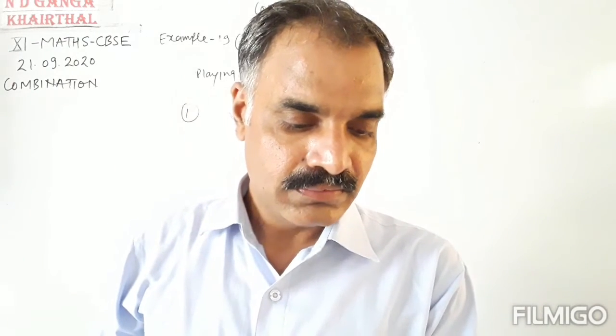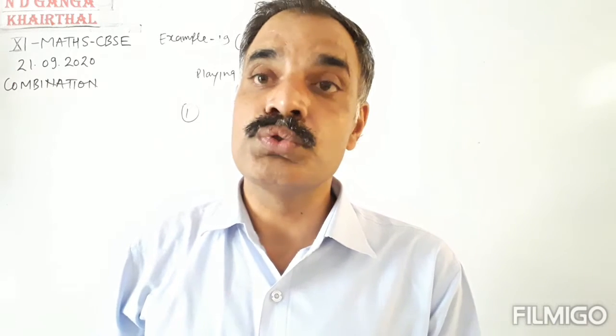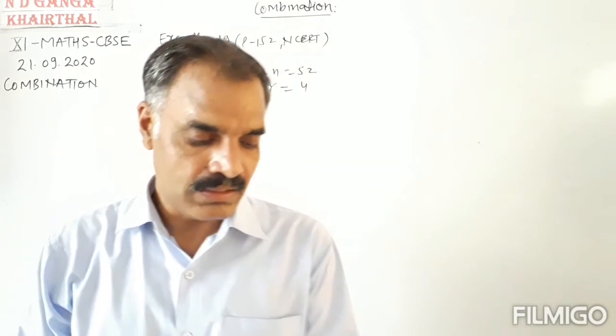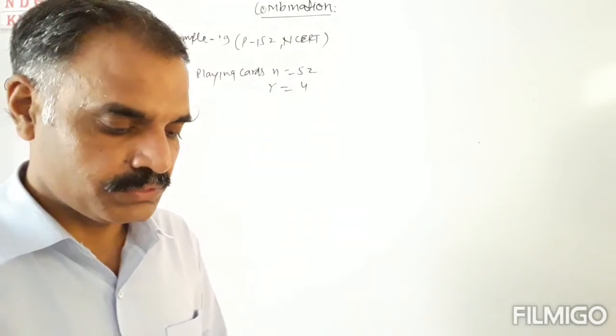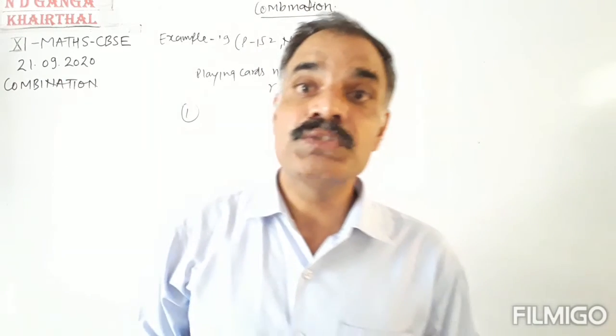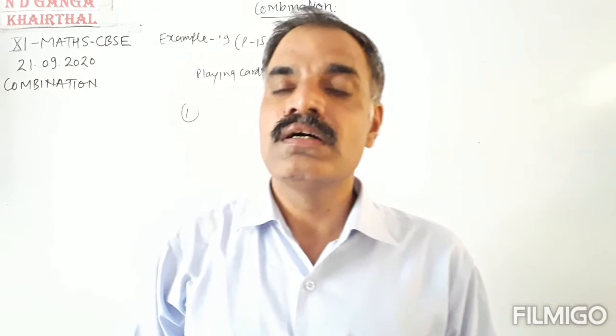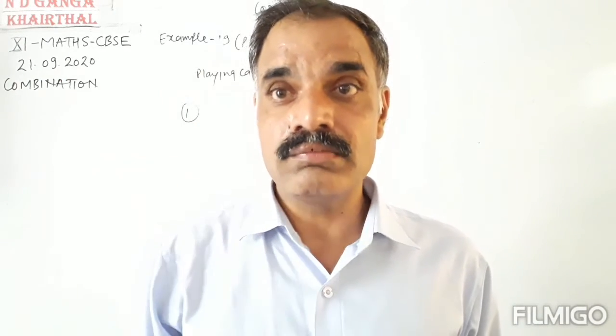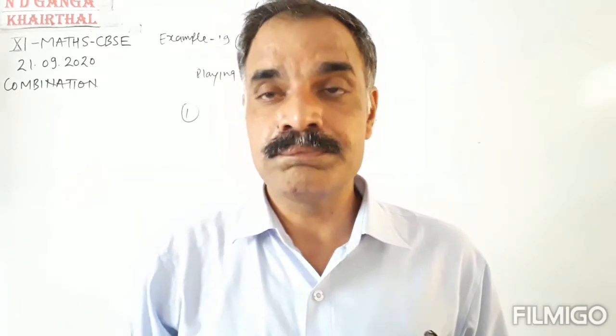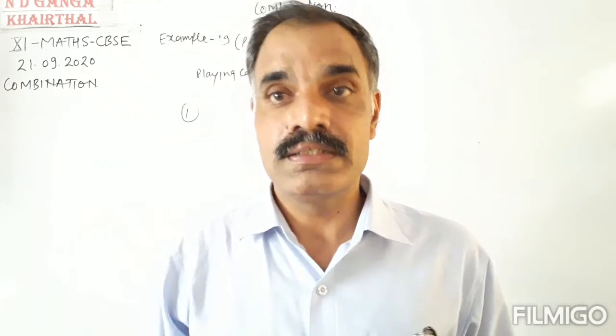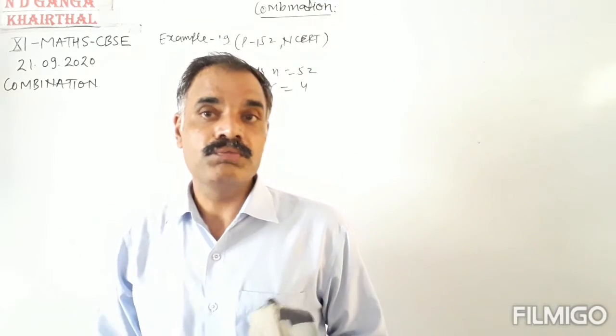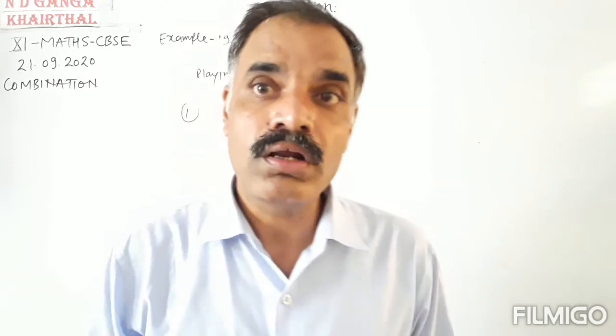The first part is 4 cards are of the same suit. Same suit means either it is from club or from spade, from heart or from diamond. Any one of the suits, we have to draw 4 cards.